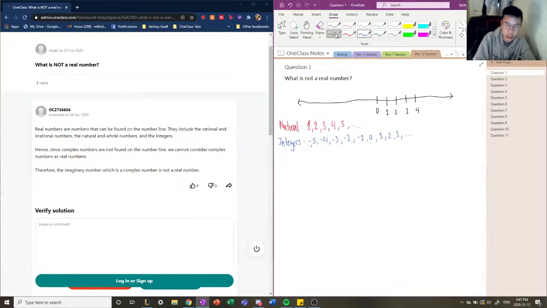If we add this onto our number line, we would have -1, -2, -3, -4.